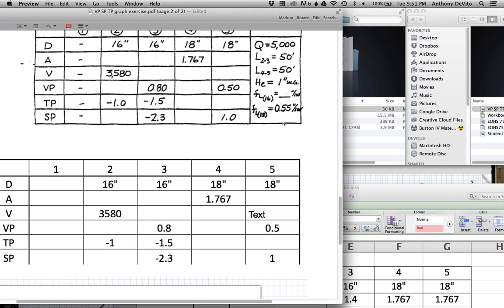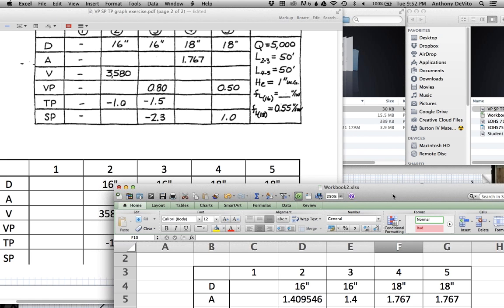But in this case, they just gave us a factor. They didn't give us the one for 16 because they actually gave us the pressures that we needed. We didn't need to figure that out. In fact, we could figure out, if we wanted to, what the frictional losses per 100 feet is for 16-inch pipe based on the numbers that we got in our spreadsheet.